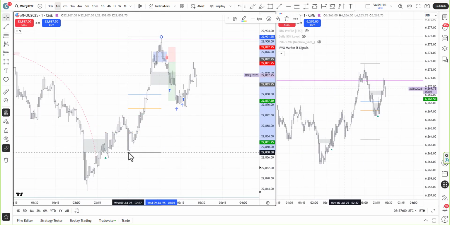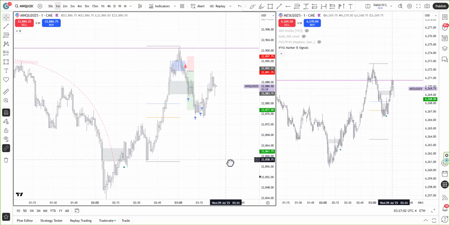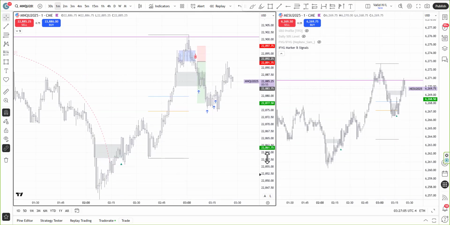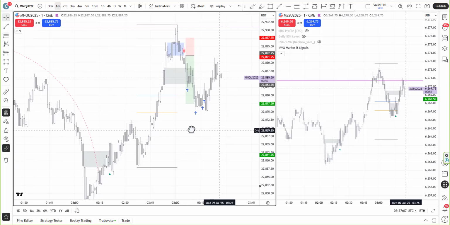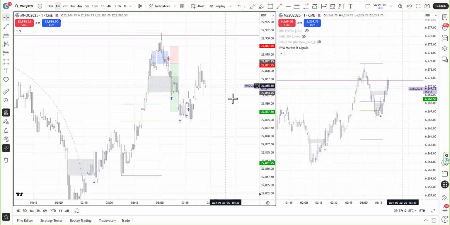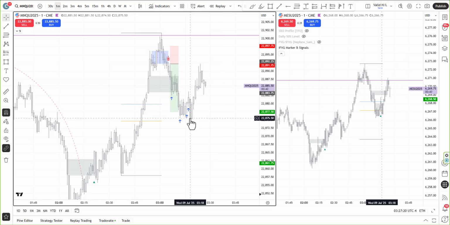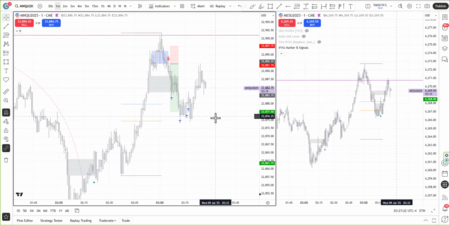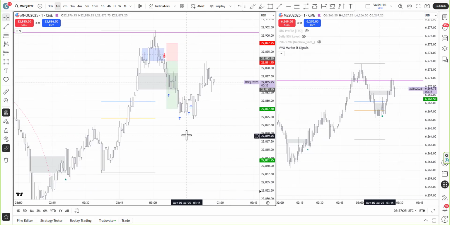So I don't want to give back profits because I trade with Apex, and Apex has a live trailing threshold, which is a pain in the ass, but it is what it is. I do not want to let a full position go back to break even and then have my trailing drawdown moved all the way up to here while I exit my trade here. So that's the downside of Apex.